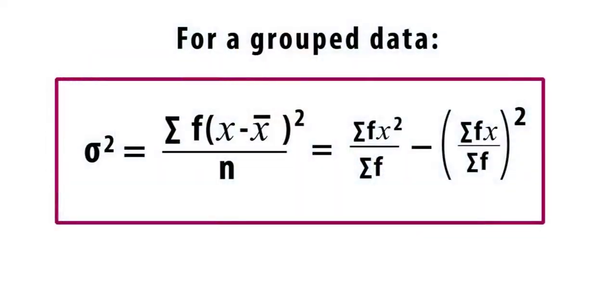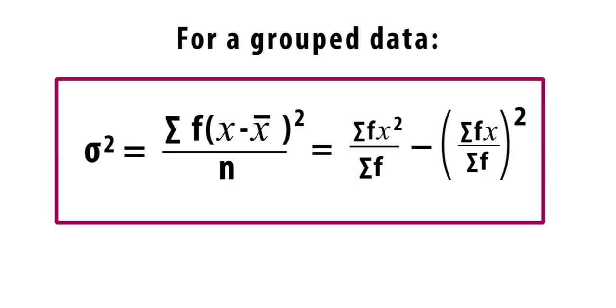Now for a grouped data where we have frequencies, the variance is the summation of the frequencies multiplied by (x minus the mean) all squared divided by n, where n is the size of the data.